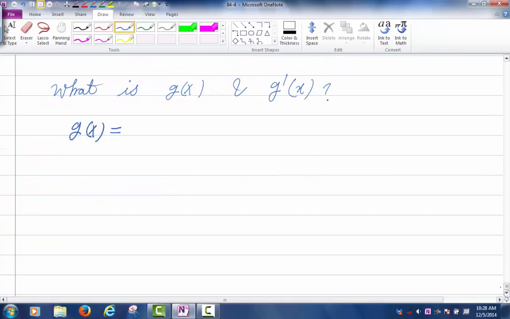And I want to go back to, okay, this is net displacement. I want to go back to, someone said it gives me the position function, and I said you're almost correct. Let's see how.